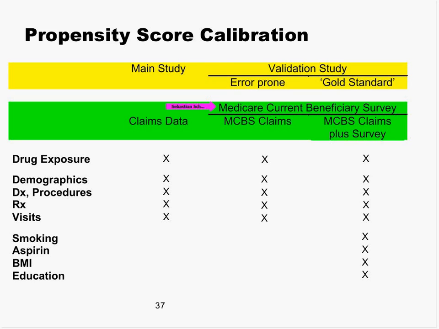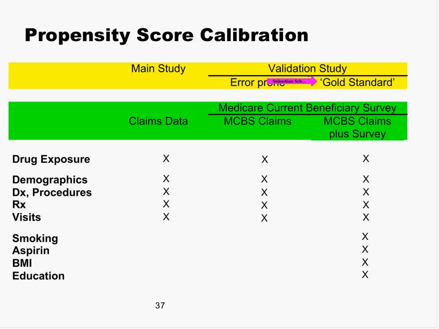In the MCBS you also get the claims data, which is error-prone measurement of your propensity score, right? But you can also have the MCBS claims data information plus the survey information. That would then be the gold standard.